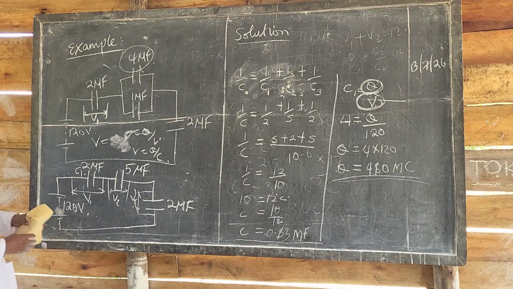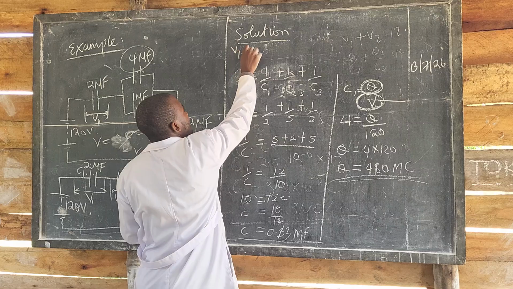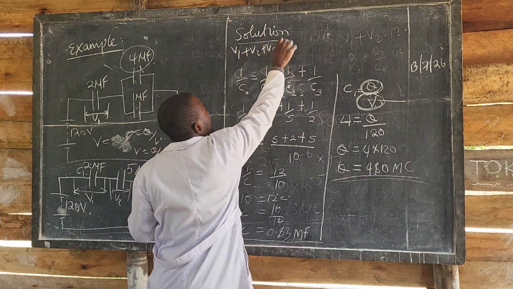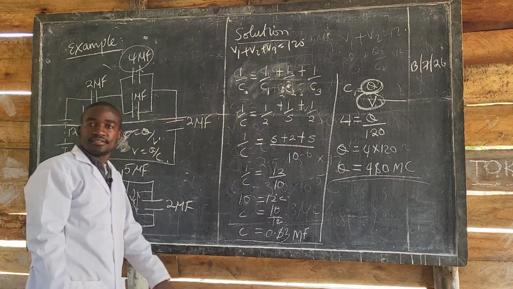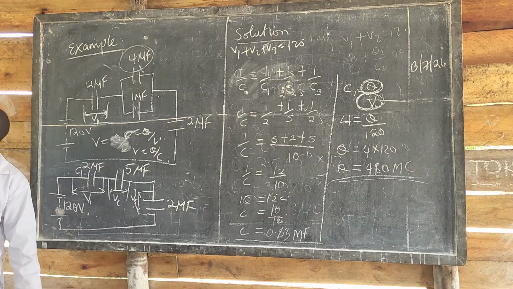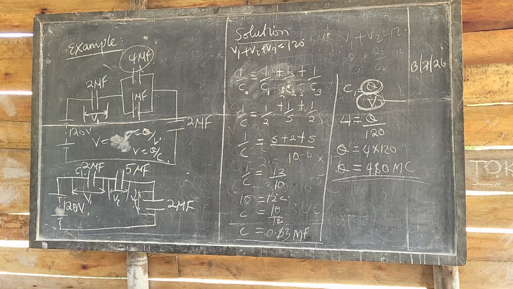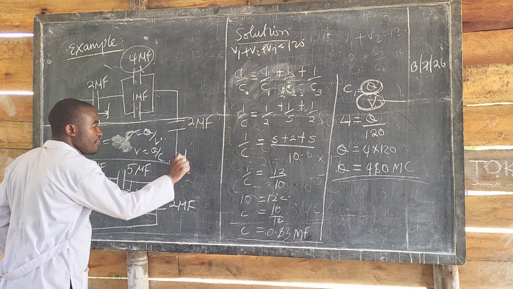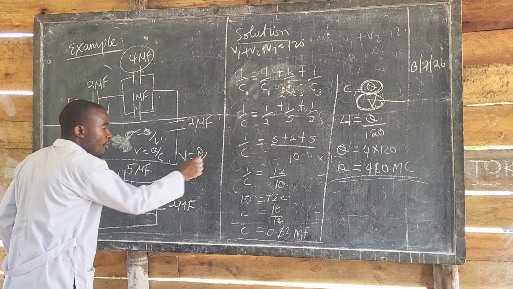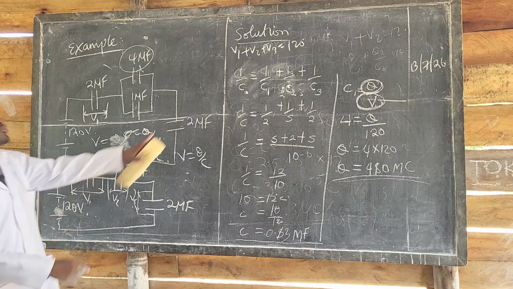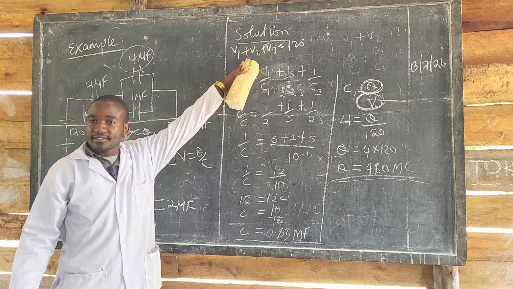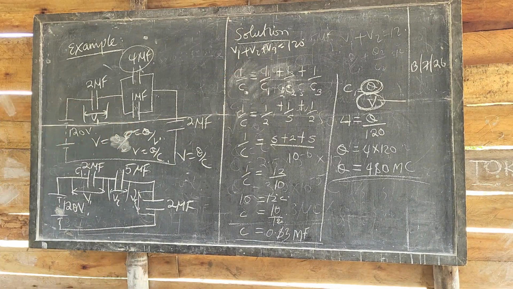Now we are starting by conserving PD, which is V1 plus V2 plus V3 equaling 120, right? I've said I want to see everybody writing. V1 plus V2 plus V3 is 120. That is one fact. But what is V in terms of Q and C? V will be Q over C. Substitute for each here, holding the charge the same.